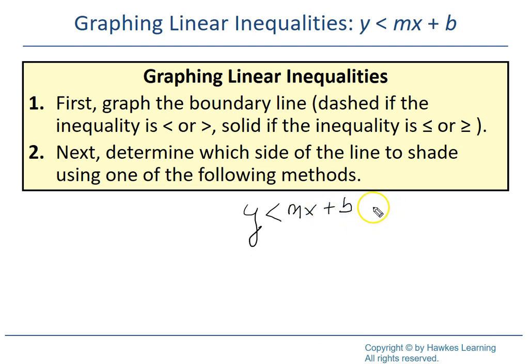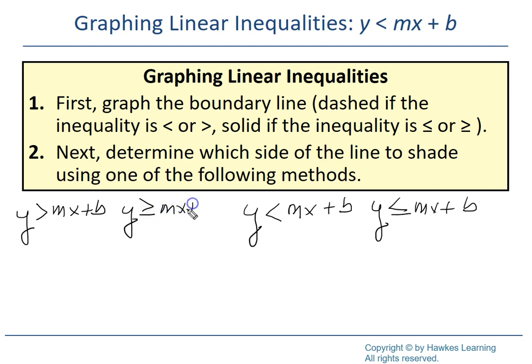And then sometimes you'll see y is less than or equal to mx plus b. And let's jump over here. Y is greater than mx plus b. And y is greater or equal to mx plus b. So there are 4 inequality signs. Now, let me just go over what's happening in each one.